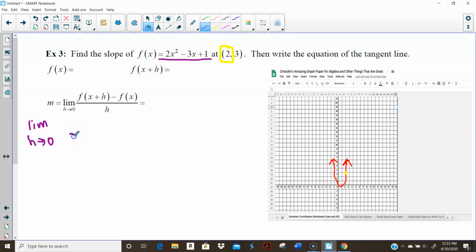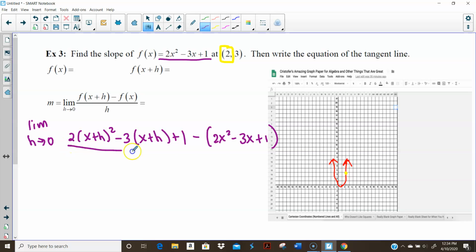So this is going to be 2 times x plus h squared, subtract 3 times x plus h, plus 1. We're going to subtract f of x, which is that whole function, 2x squared minus 3x plus 1. And we're going to put that whole thing over h.